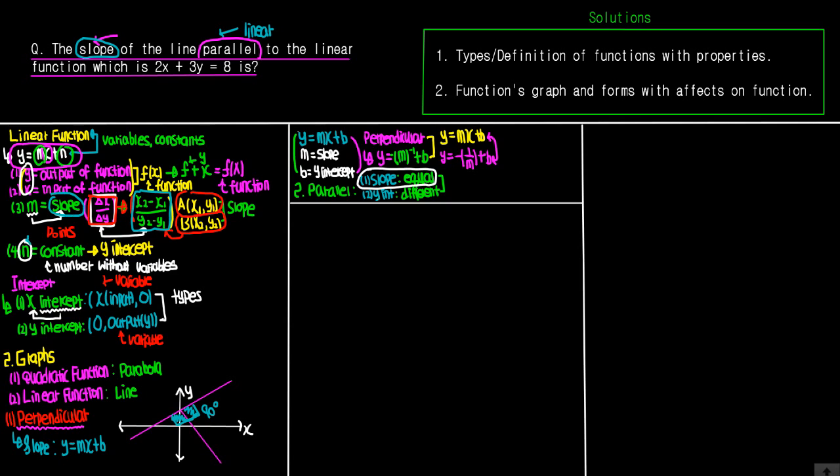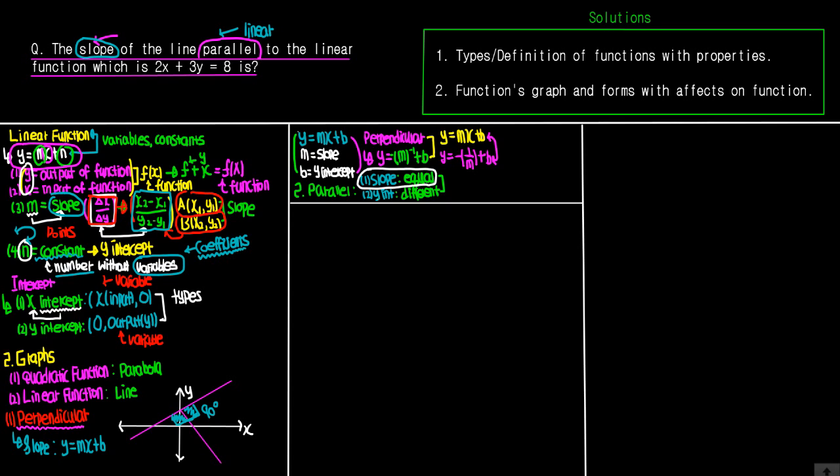Lastly, we need to think about what n is in our linear function. The n in our linear function will be a constant, which means, if you think about the definition of a constant, it is a number without any variables beside it. The opposite word of constant is coefficient, which we're going to talk about in later videos, related to quadratic functions.